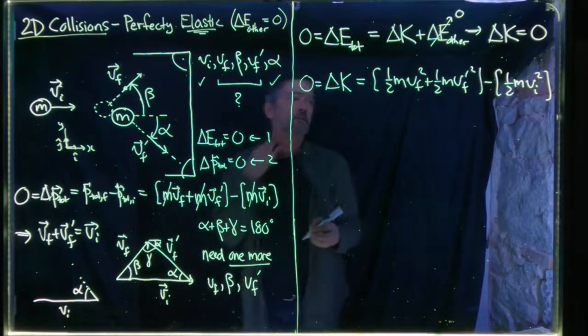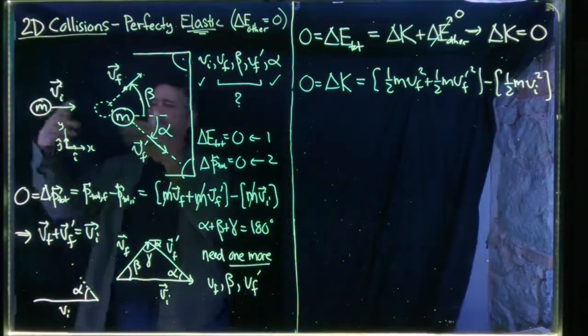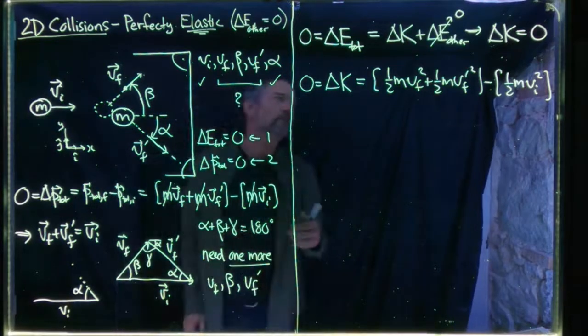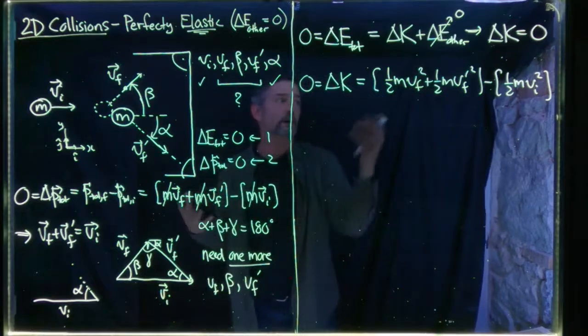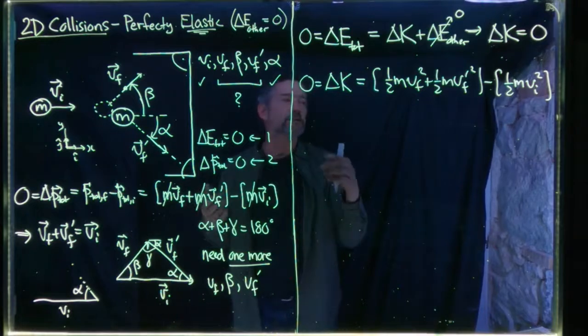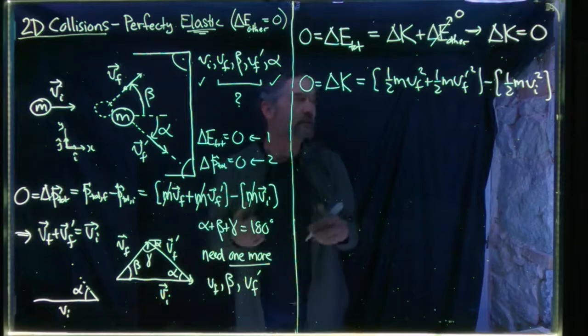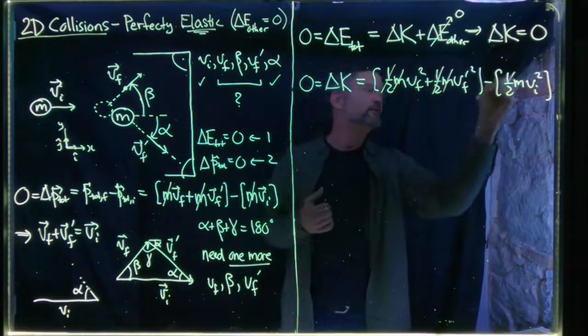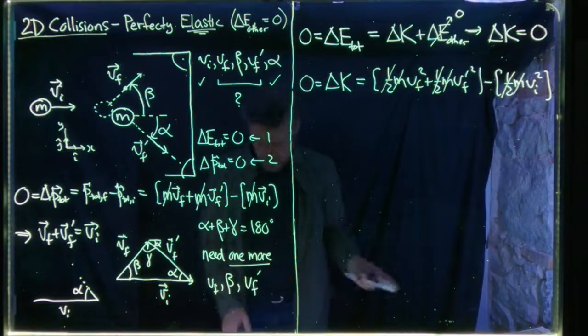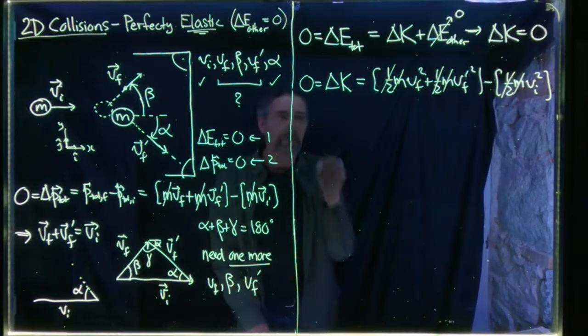Now it's the same thing. Because we've made this simplification that the two masses are equal, rather than a relationship between P final squared, P final prime squared and P initial squared, it just becomes a relationship between the squares of the velocities, because you can divide the entire thing by 1/2 m. The 1/2 m cancels out everywhere, and so we get this simple relationship.